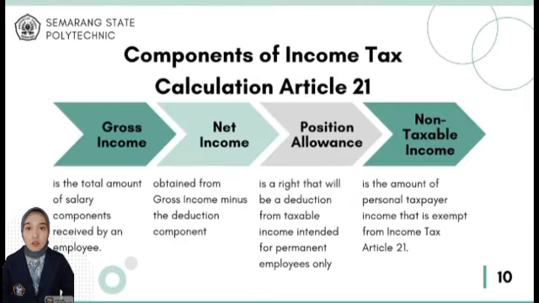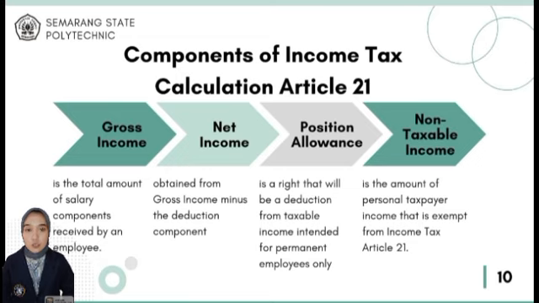Third, components of income tax calculation Article 21. Gross income is the total amount of salary components received by an employee. Net income is obtained from gross income minus the deduction component.